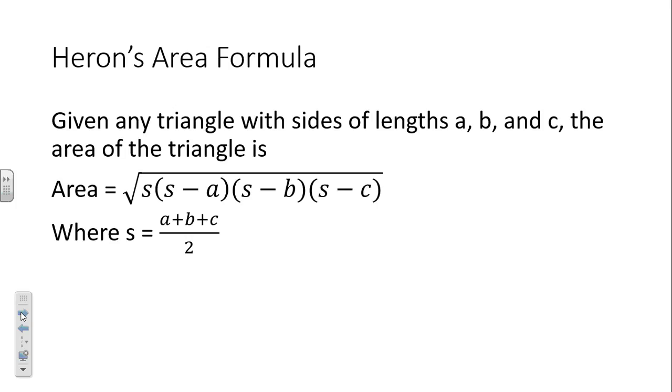So the area is the square root of S times the quantity S minus A times the quantity S minus B times the quantity S minus C, where S is A plus B plus C divided by 2. So it's not the average of those 3 sides. It's the sum of the 3 sides divided by 2.